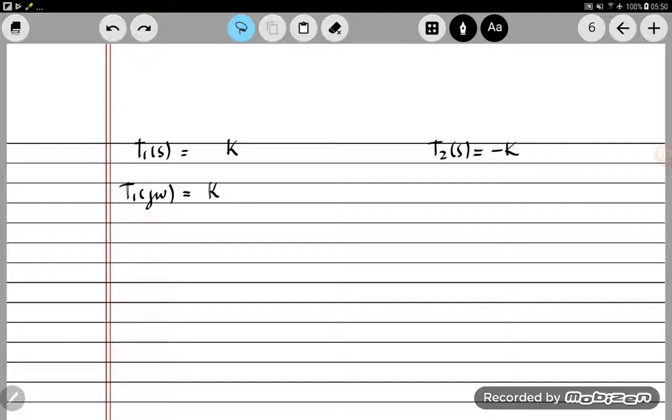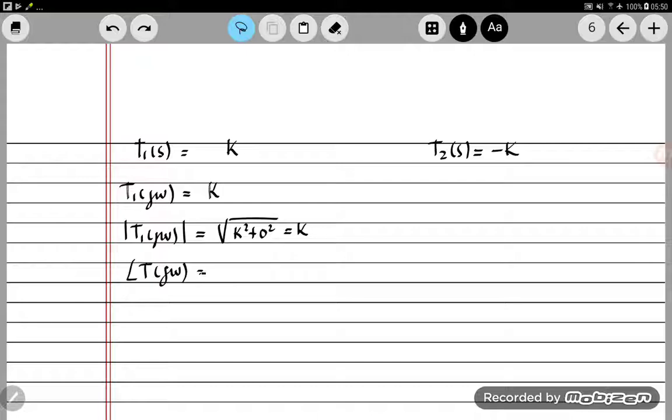The second step is to take the magnitude. The magnitude is just the real part squared plus the imaginary part squared, and that is of course just equal to K.